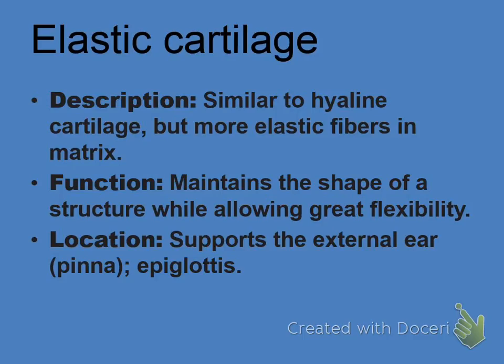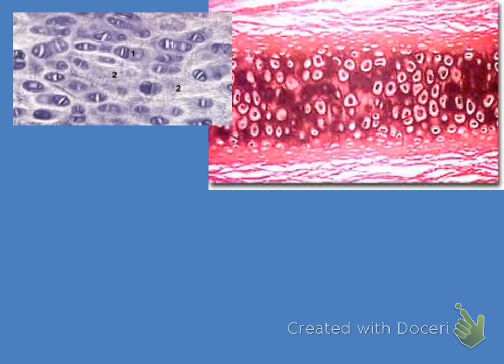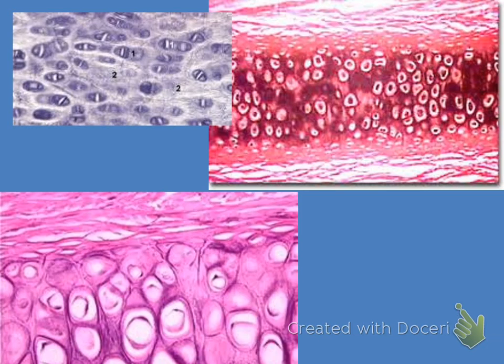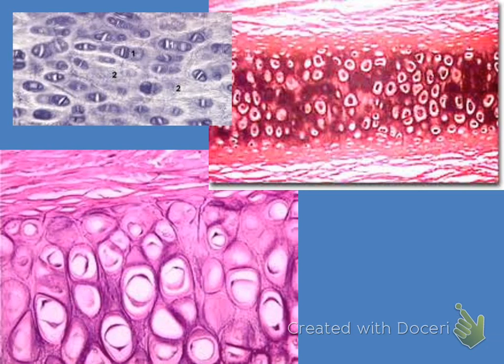And the epiglottis, it's a little flap between your esophagus and your trachea. It keeps the food from going down into your lungs. Those are some things that are very, very flexible. It looks a little different than the regular hyaline cartilage, but it still has kind of a glossy, more constant texture to it.